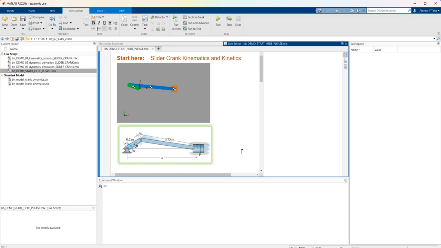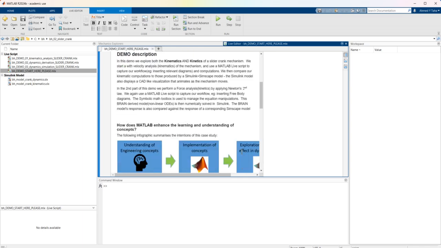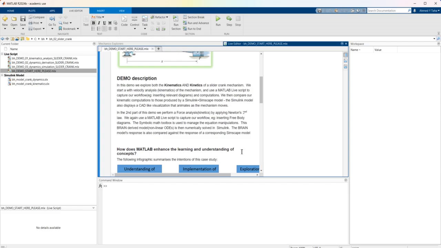So again, we need to define some parameters. So this is a demo description. This explores the kinematics and the kinetics of the slider crank mechanism. Now, once again, the kinematics and the kinetics, first one is going to be about the velocities, ignoring the forces, and the other one is going to be about the forces that are doing the motion.